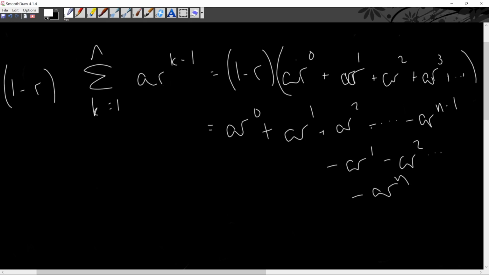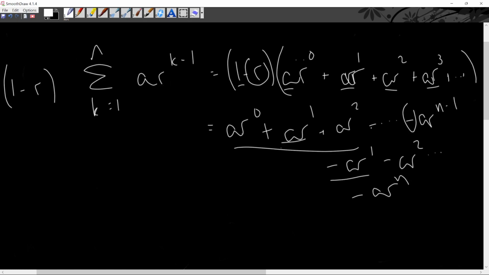So again, you are multiplying 1 to this series still, so you're going to have the same series for this part, but you're also subtracting r times this product. So that's where this negative comes from. You're doing minus ar to the n minus 1 and on and on. But as you can see, these terms are sort of like telescoping series.